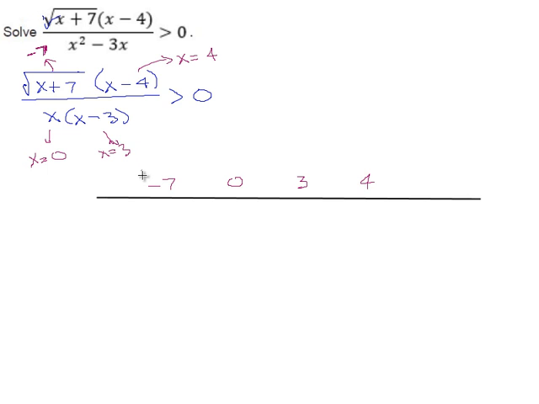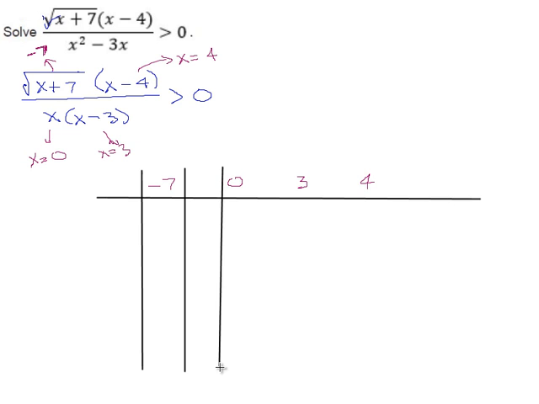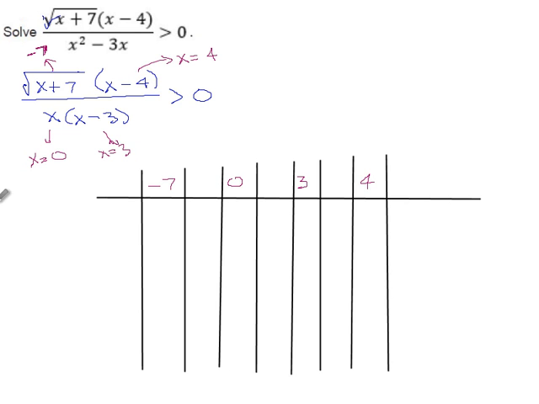And lots of lines. And the components that we're looking at for signs are root x plus 7, x minus 4, plain old x, minus 3, and then we'll have one more line, and then we'll do our grand total.